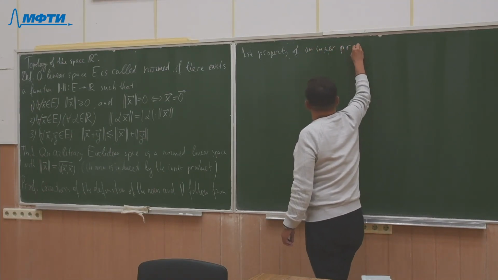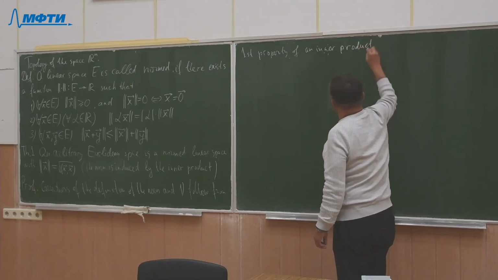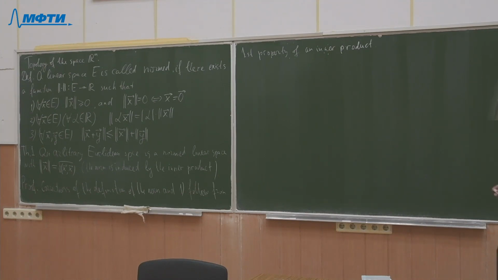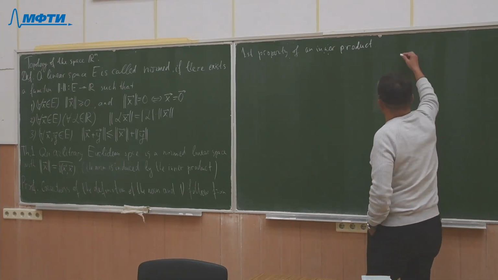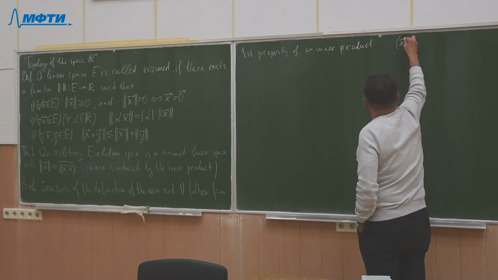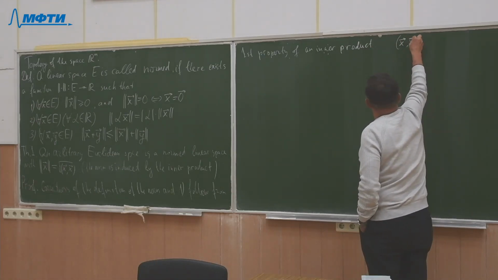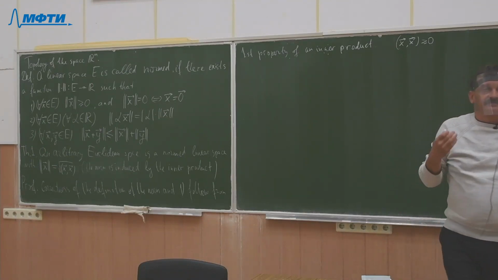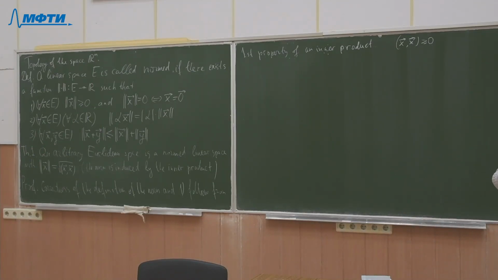Let me recall, what is this first property of an inner product? The inner product is always non-negative. That was a property of an arbitrary inner product.